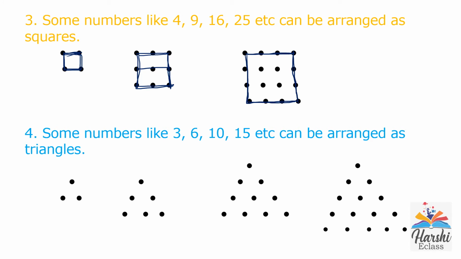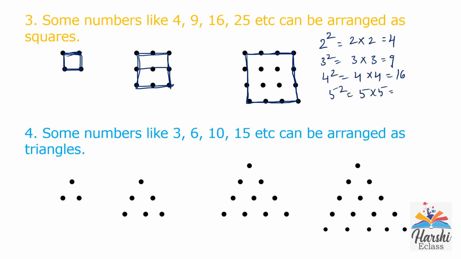The numbers which can be arranged in square form are called square numbers. 2 square, 2 twos are 4, 3 square, 3 threes are 9, 4 square, 4 fours are 16, 5 square, 5 fives are 25, 6 square, 6 sixes are 36, 7 square, 7 sevens are 49.